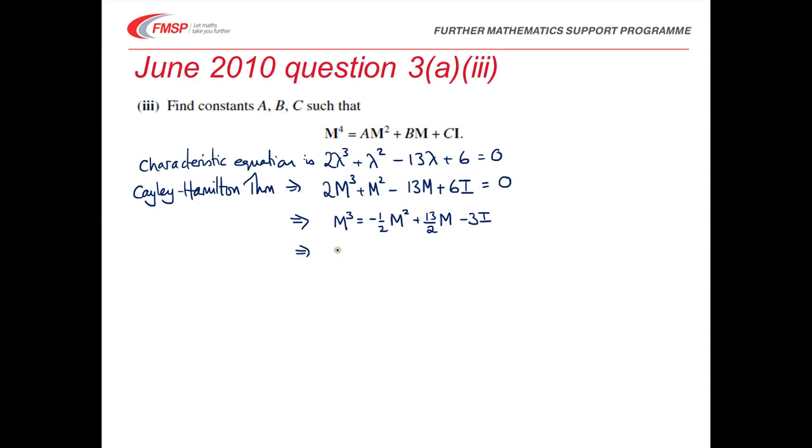Multiply through by M, so M to the 4 is minus a half M cubed plus 13 over 2 M squared minus 3M. And I don't want any M cubed, so I'm going to replace that M cubed with the line 2 above, which is minus a half M squared plus 13 over 2 M minus 3I. That's just substituting for M cubed.